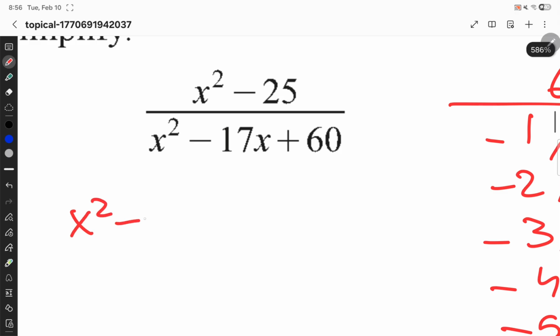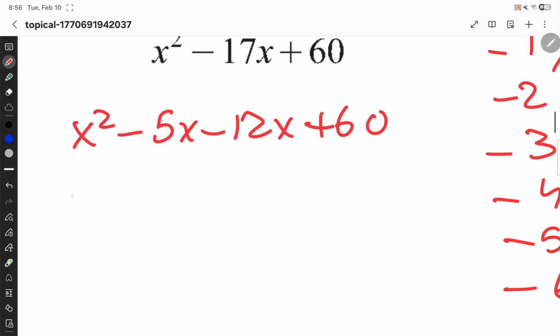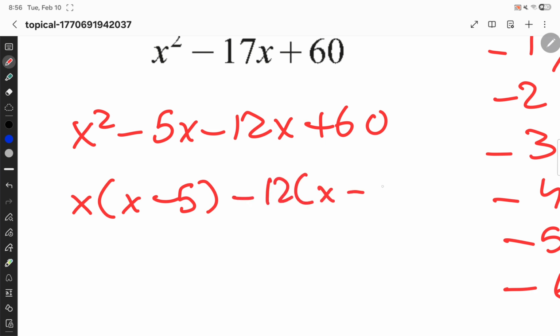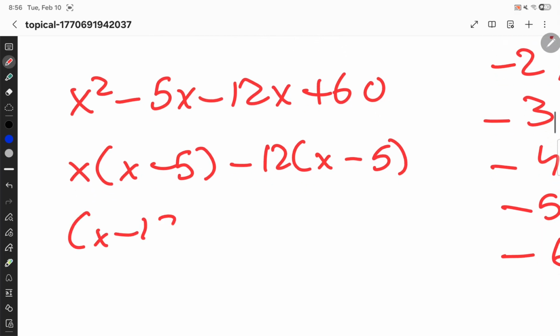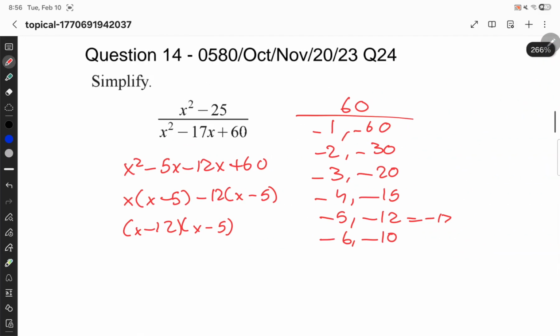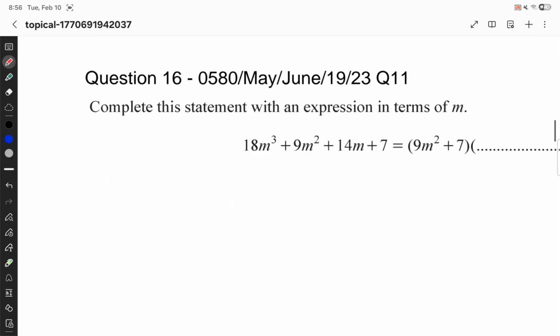So this is x squared minus 5x minus 12x plus 60, and this is x(x minus 5) minus 12(x minus 5), which is (x minus 12)(x minus 5).